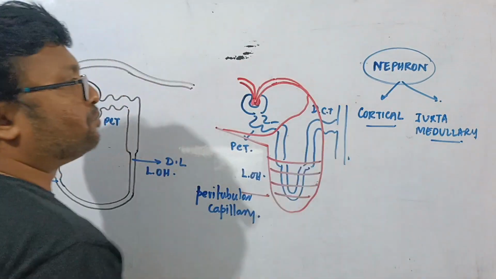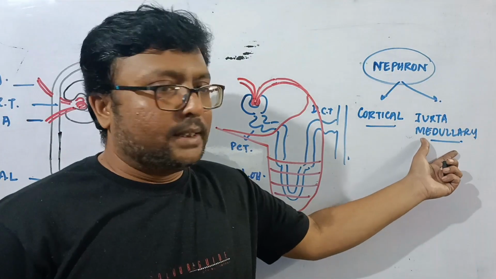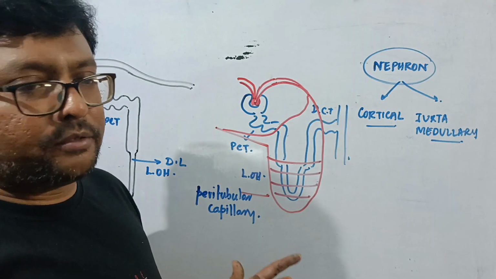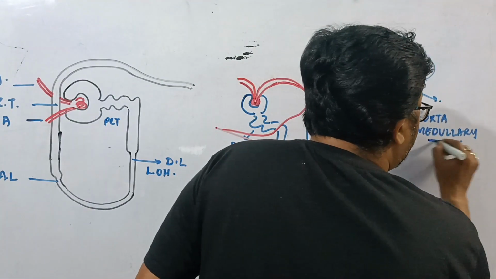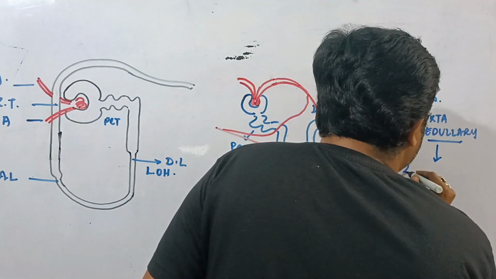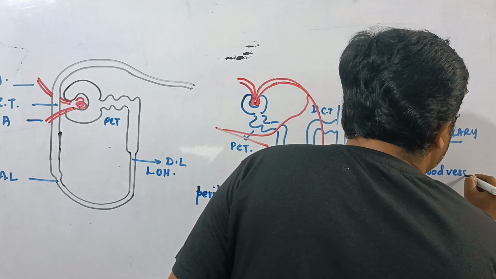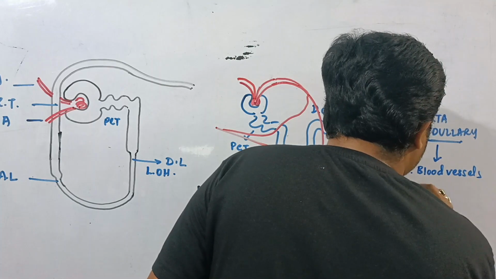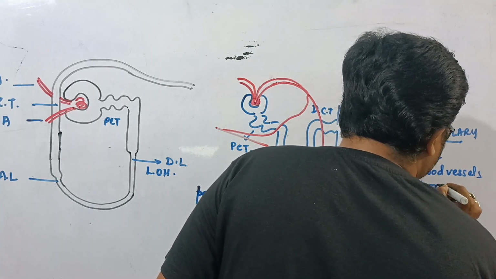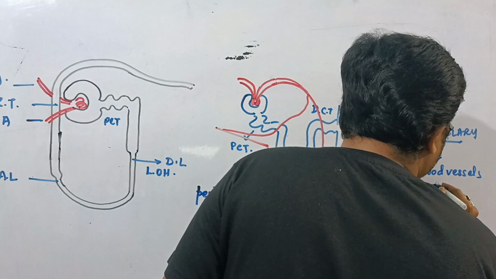So basically what we'll find that in case of juxtamedullary nephron, we'll see that two blood vessels, and these blood vessels are what? Basically these are capillary.